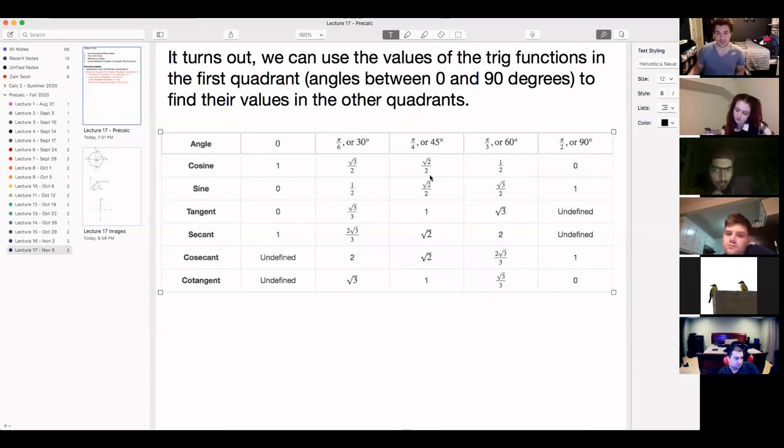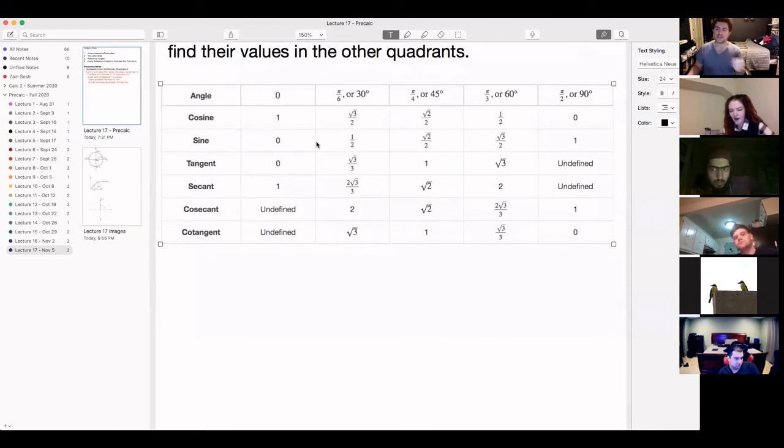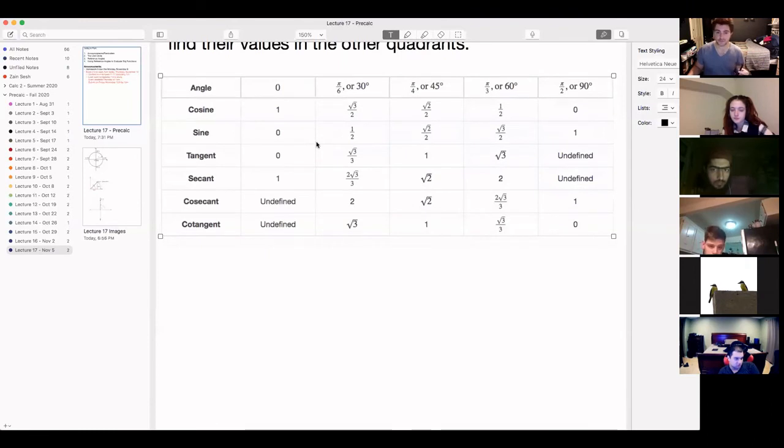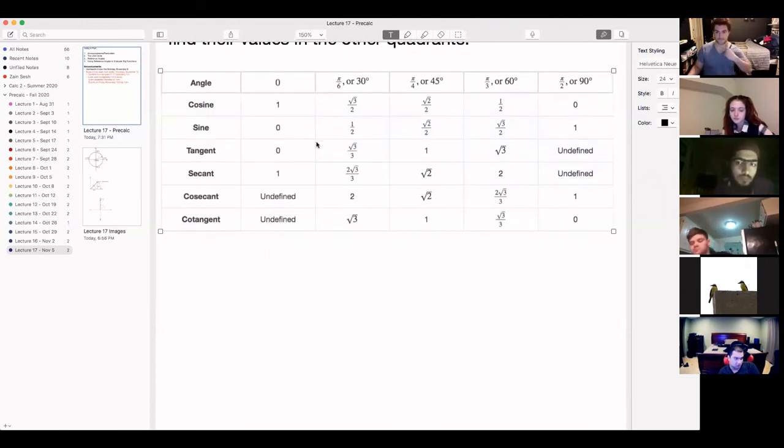I know it doesn't seem like it. Any questions about how to read this table? This just tells me the trig functions evaluated at our special angles. It will become useful. You definitely do not need to memorize this, but it will be a good reference.